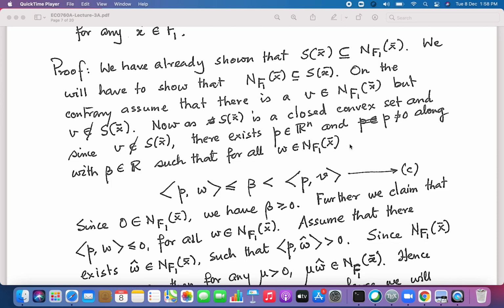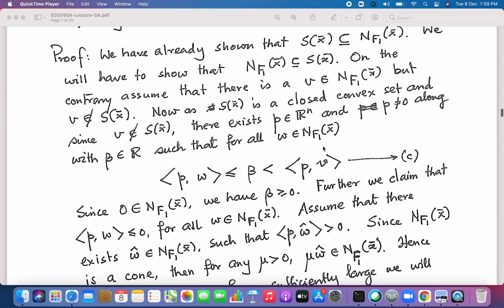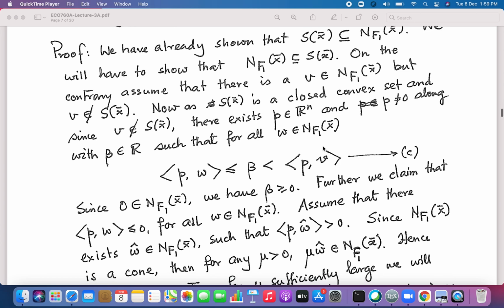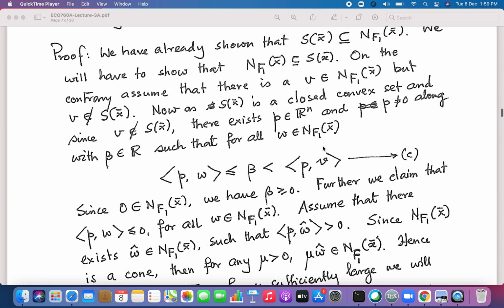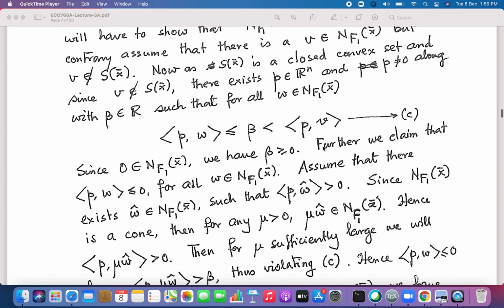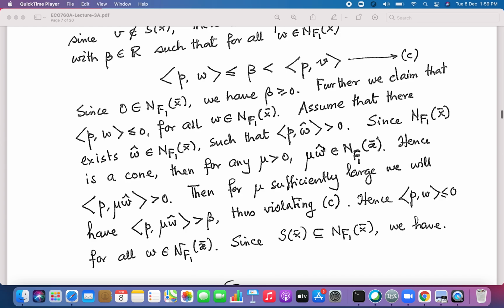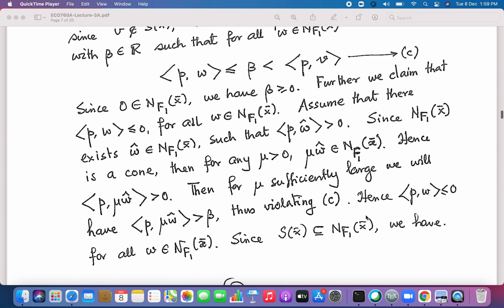Sorry, I'm making a mistake here. Okay, there is a small writing mistake. This NF1 x bar we should replace by Sx bar.